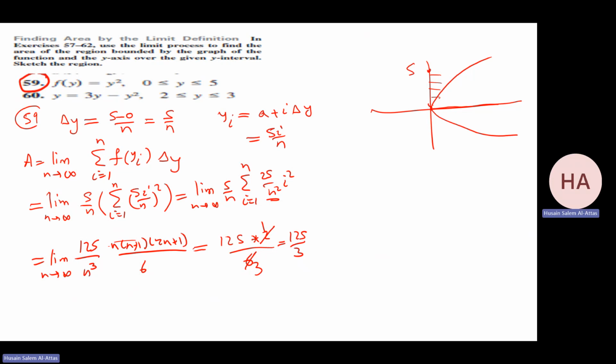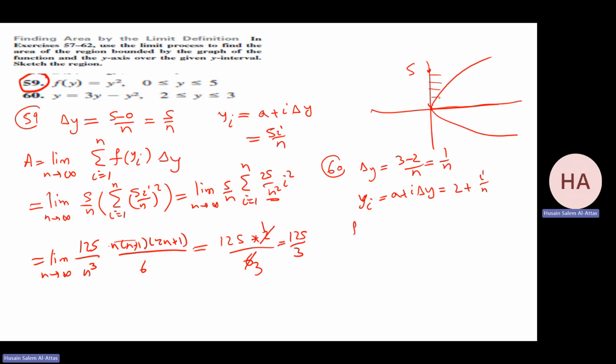The same idea. I will just do the starting point. Delta y will be 3 minus 2 over n, which is 1 over n. Yi will be a plus i delta y, which is 2 plus i over n.